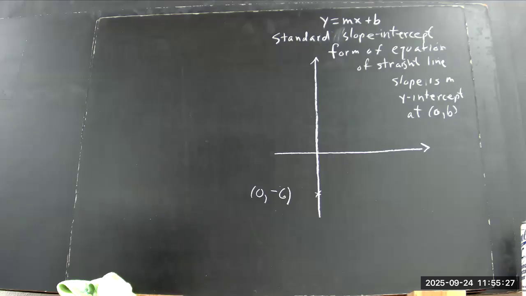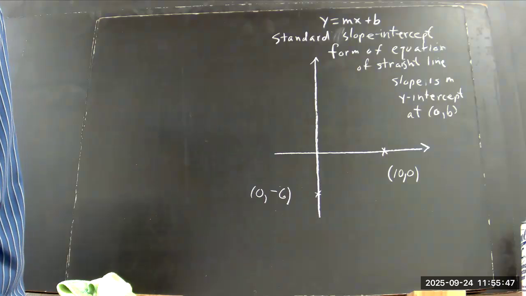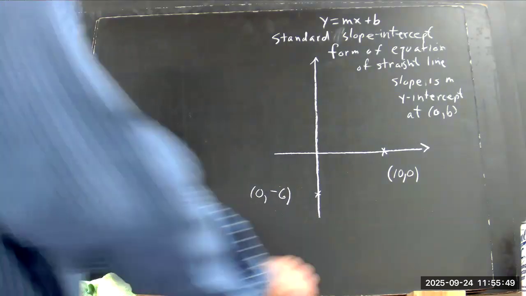Now just to relate this back to the slope-intercept form, let's say then we have an x-intercept. Okay. Well, I think it's helpful to reinforce what we know, to just write a little projection line for this and one for this.